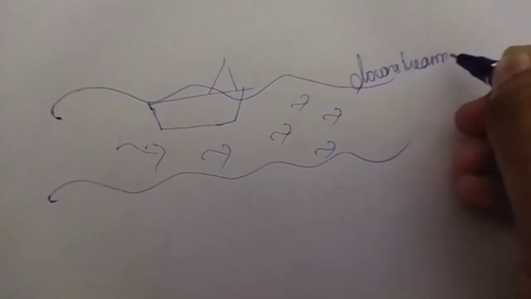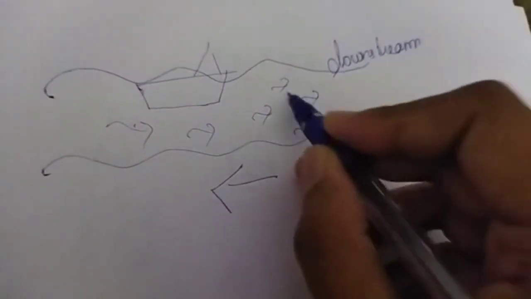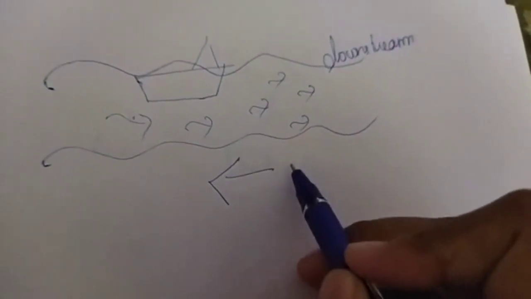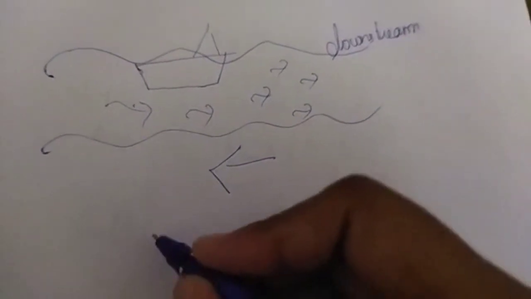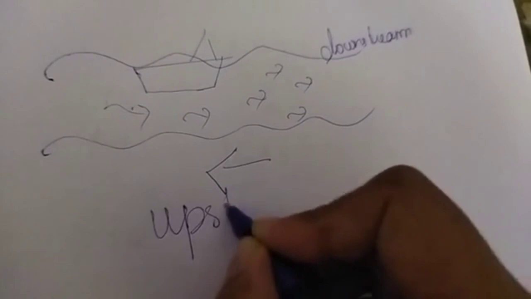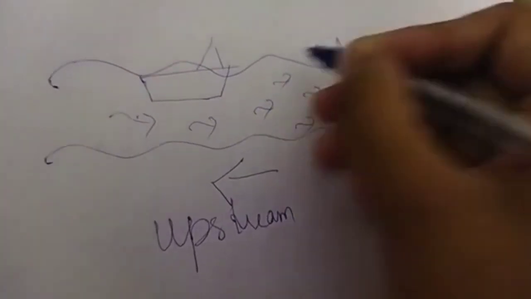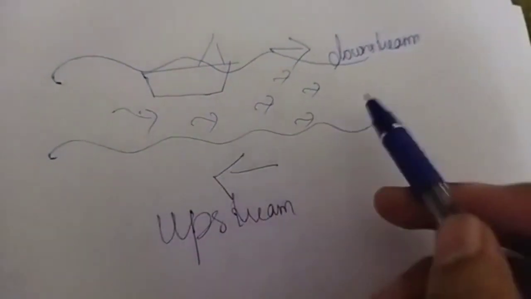And the direction opposite to the flow of river is called upstream. Downstream means same direction as flow of river and upstream means opposite direction.